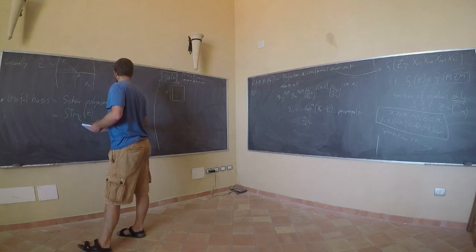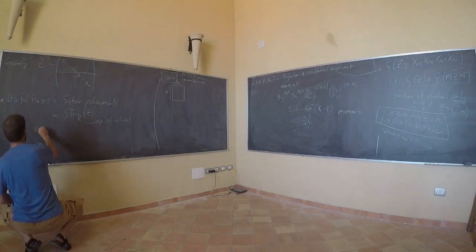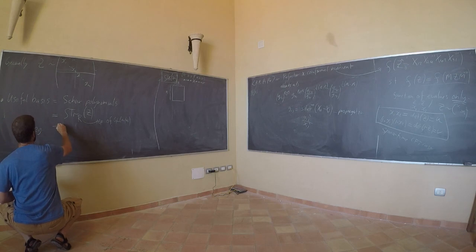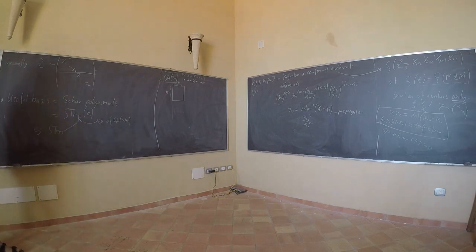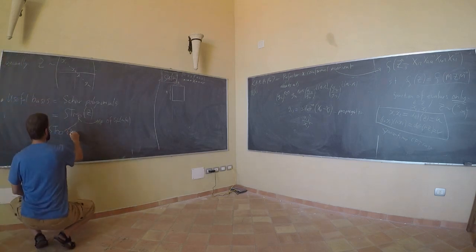GL(m|n). So, for example, the super trace of, if I label my box function by Young tableau, that's the fundamental representation. That just means the trace of Z.